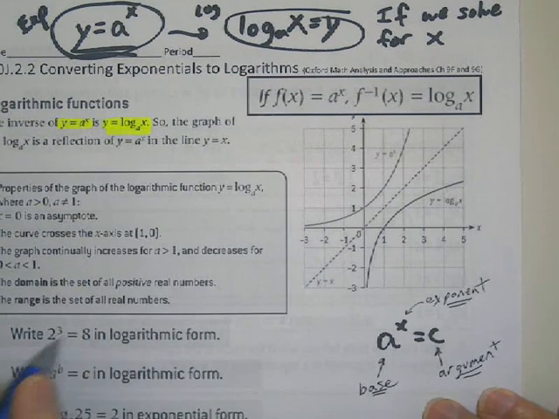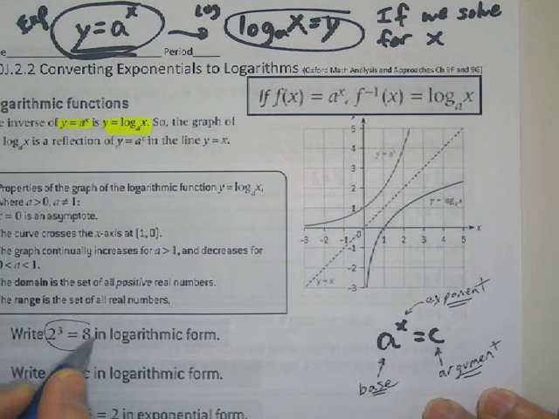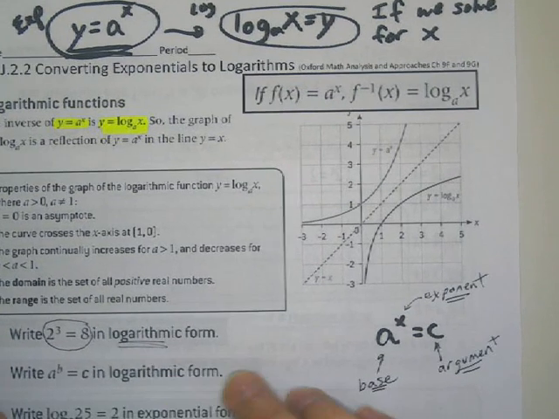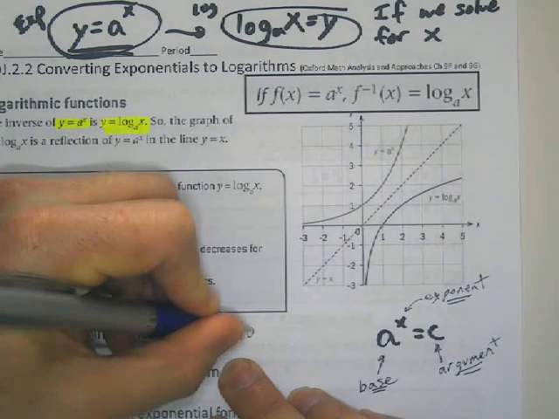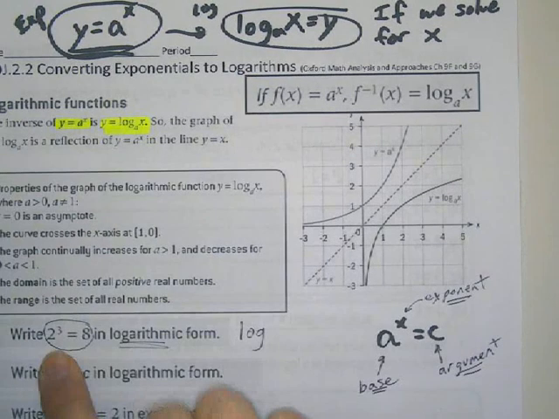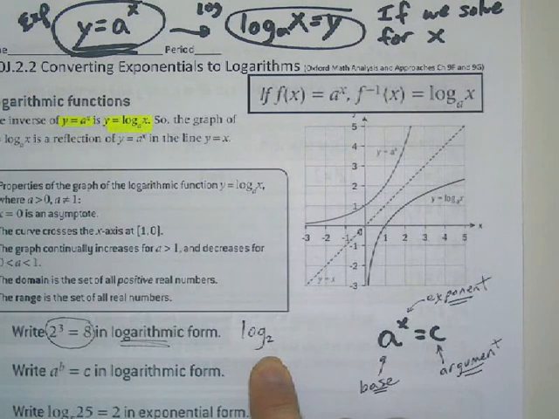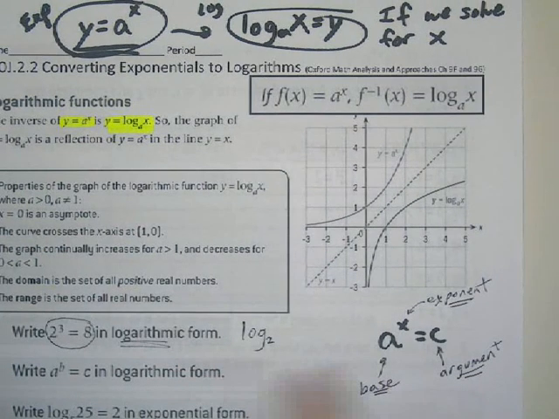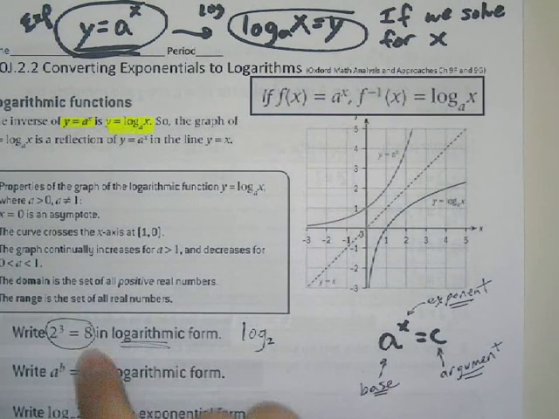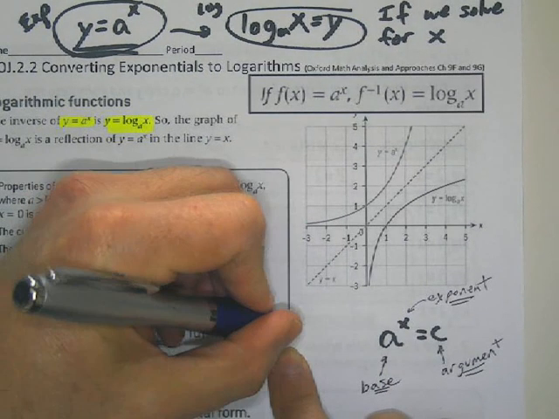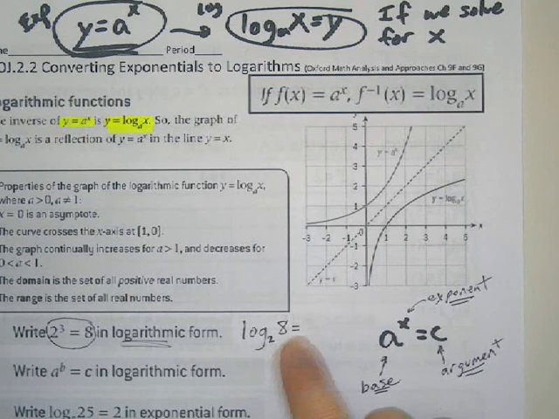So if I want to write this in logarithmic form, I'm going to write this as log. My base is 2, so I'm going to put the 2 here in a subscript. And then I need to write the argument next, which is 8. And the exponent goes over here.